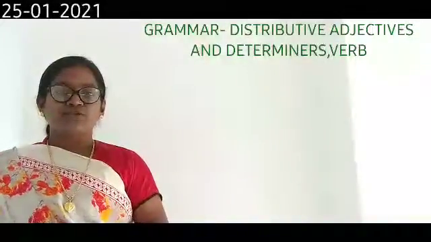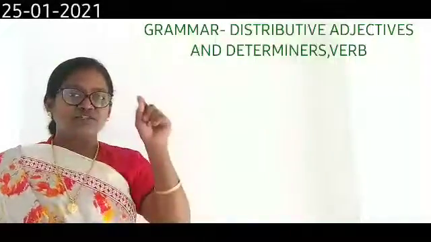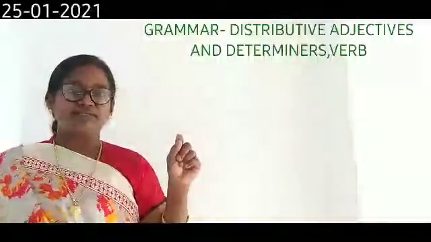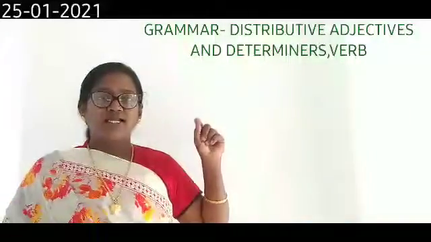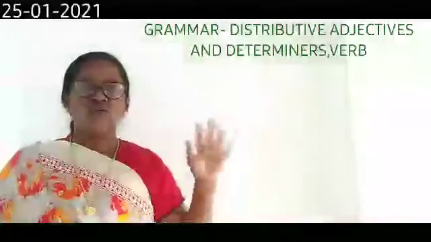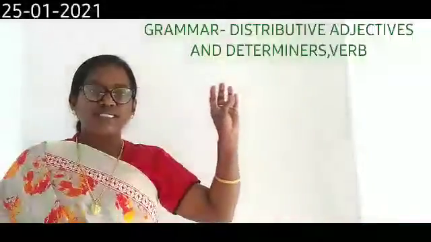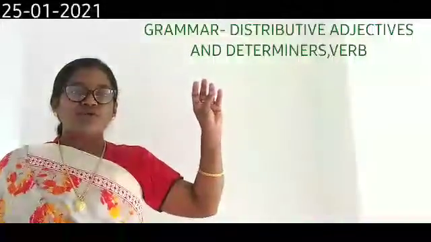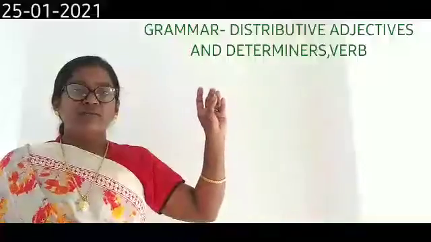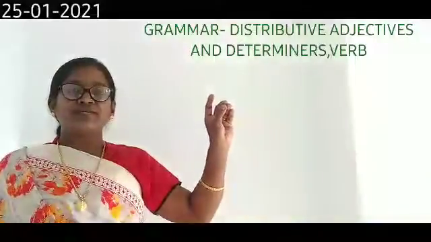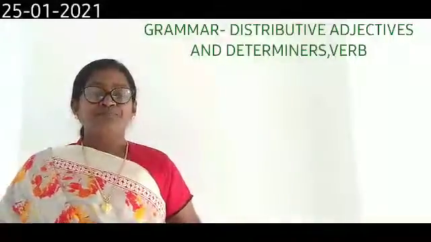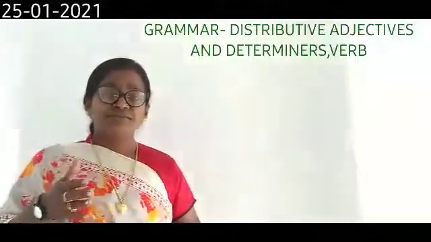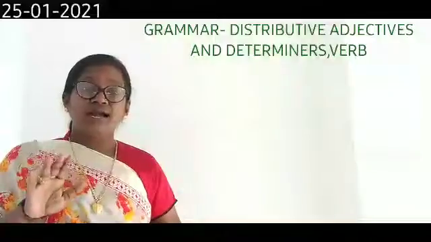Understand, children? So today we have learned distributive adjectives and articles. Previously we have already covered qualitative adjective, quantitative adjective, demonstrative adjective, interrogative adjective, and today we have learned distributive adjective and articles.